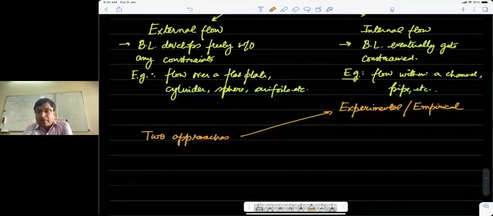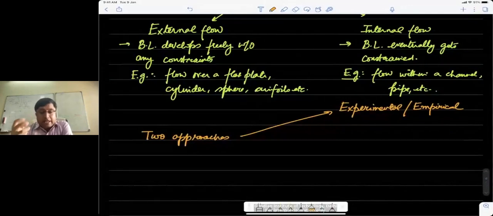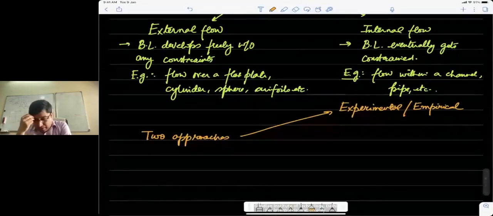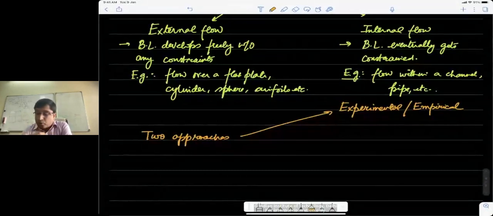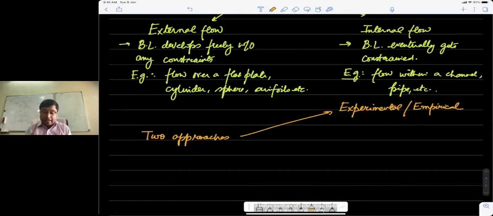The experimental approach basically deals with this: you set up an experiment on a given geometry under different conditions which are controlled in the laboratory, and from the data that you get, you can identify some correlations in terms of non-dimensional numbers. We will discuss how this experimental approach works, but basically you have a geometry, you do experiments, get data, and maybe do some kind of curve fitting, if I can say it loosely.